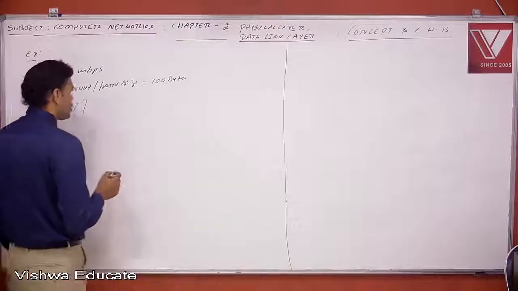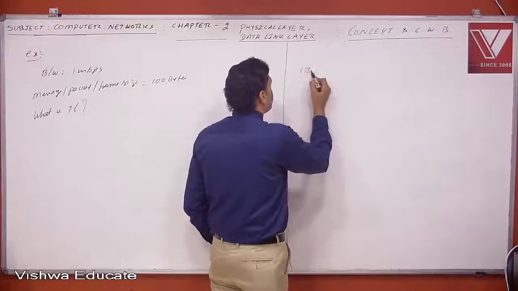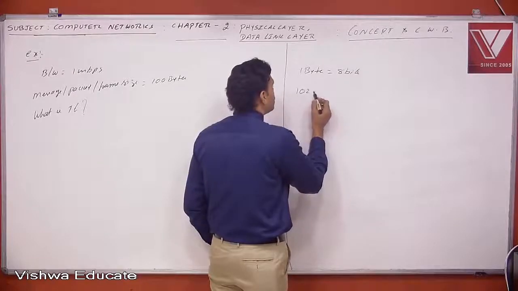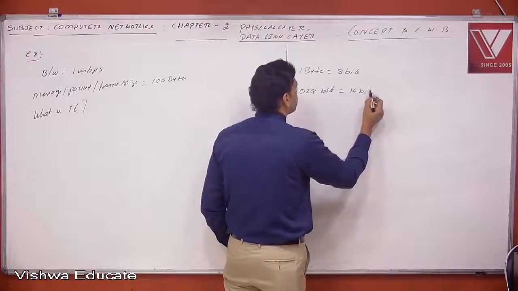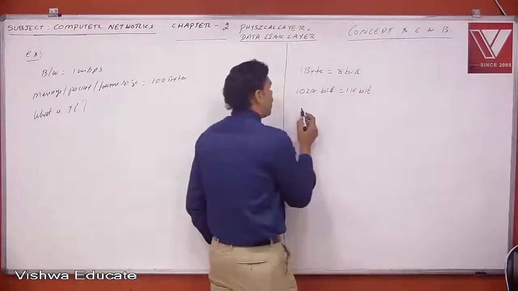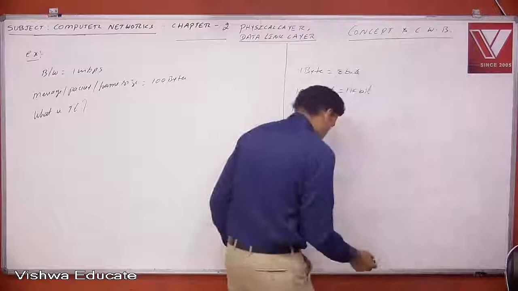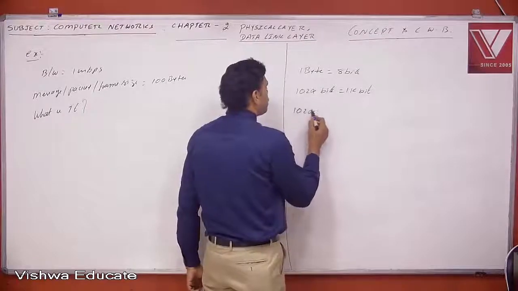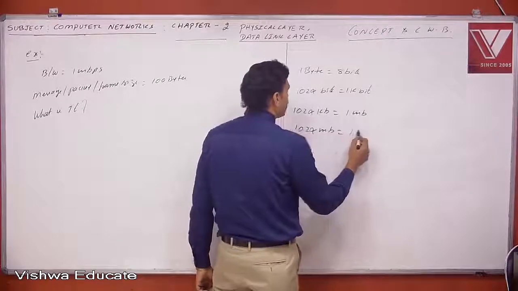Just understand carefully. 1 byte equals 8 bits. 1024 bits equals 1 kilobit, and 1024 kilobit equals 1 MB. 1024 MB equals 1 GB.